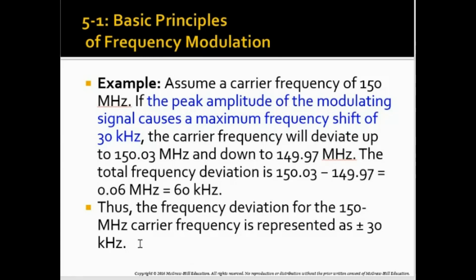So it means our center frequency changes or varies by a maximum of plus minus 30 kilohertz. So that is how our carrier frequency changes based on modulating signal amplitude.